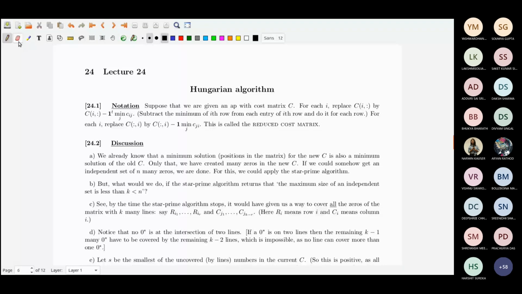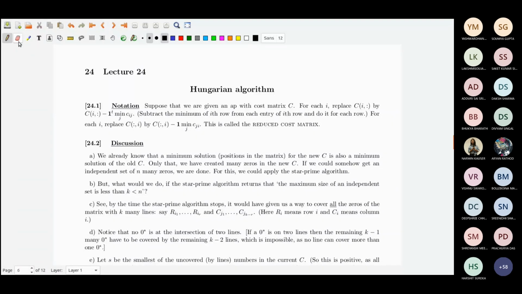Any solution for the second cost matrix and the same solution for the initial cost matrix, they only differ by one fixed constant, and that constant is the sum of the numbers that you have actually subtracted.